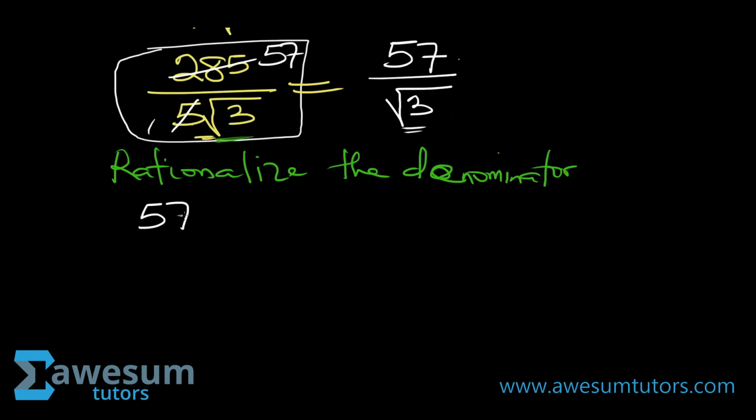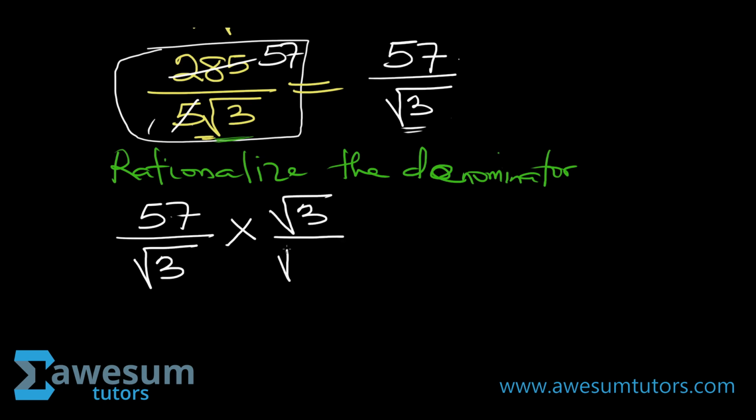We have 57 over root 3. To rationalize this, I am going to multiply the numerator and denominator by root 3. You are multiplying both numerator and denominator by the denominator that has the root. That is what it means by rationalizing.